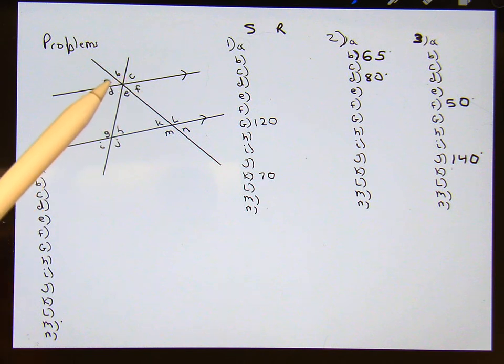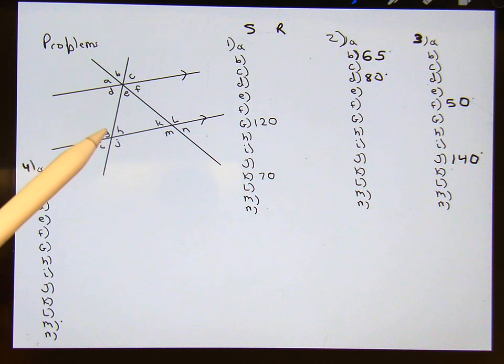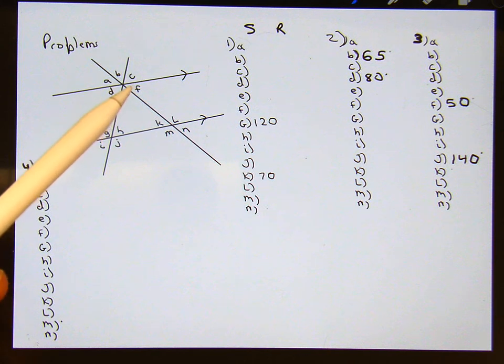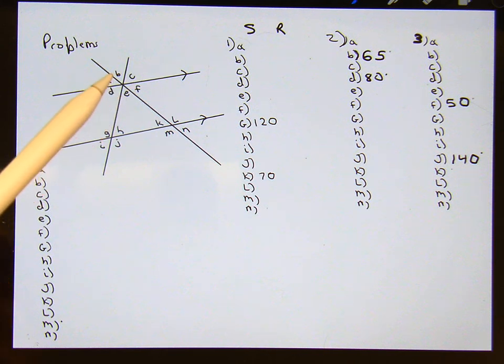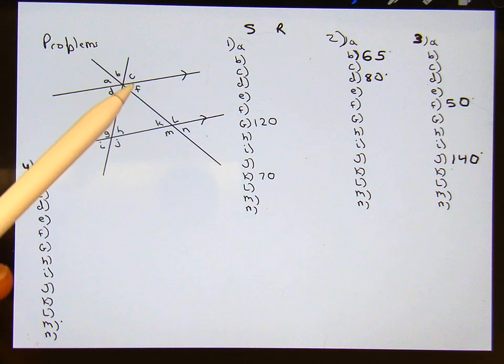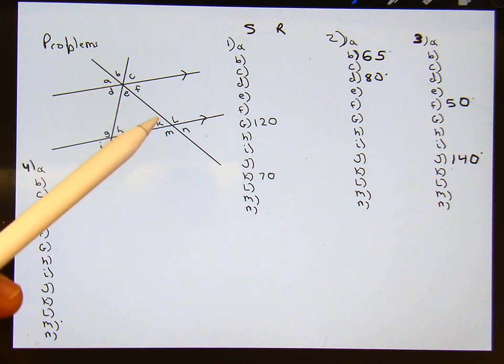B and A added together should give you G, because they're corresponding angles. Okay? F and E should be basically the flip version of A and B, because these are vertical here. And the same thing down here.